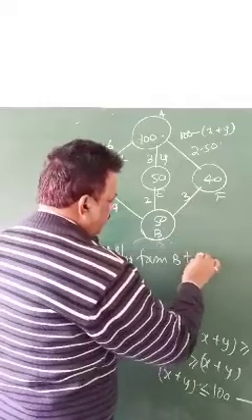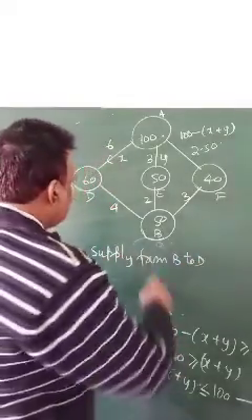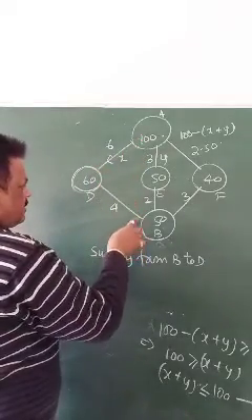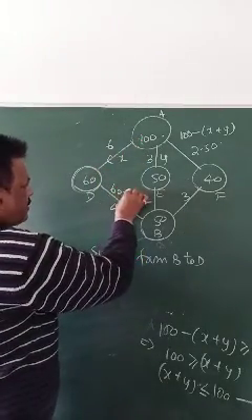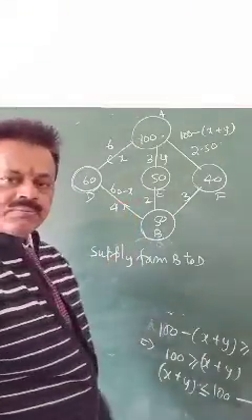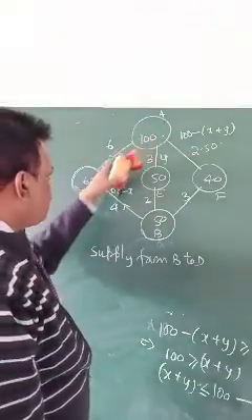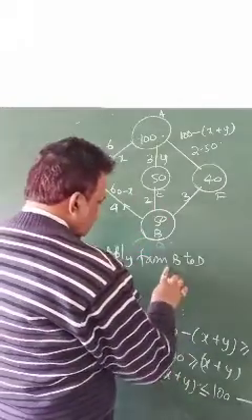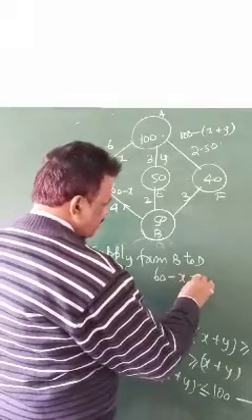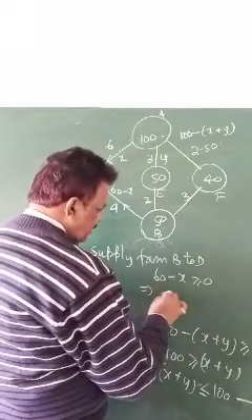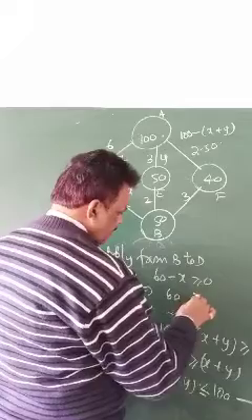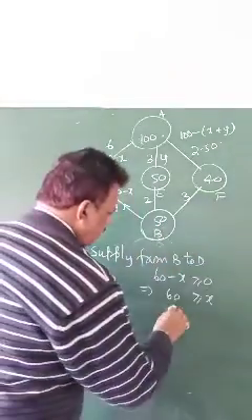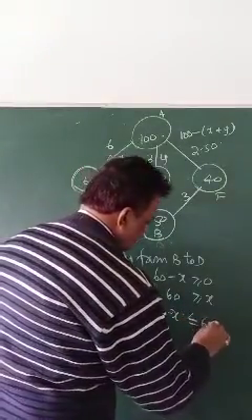If 60 is required and x has come from A, then 60 minus x will go from B, which is greater than 0, implies x is less than 60.